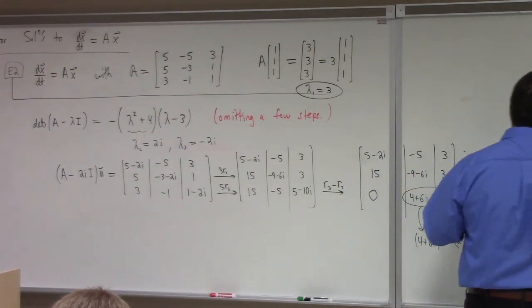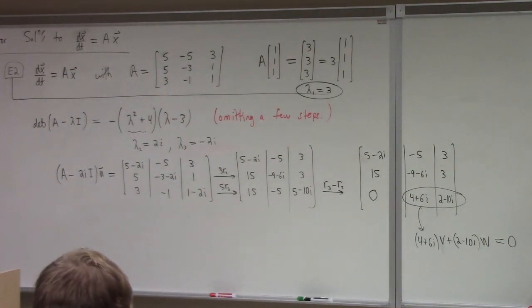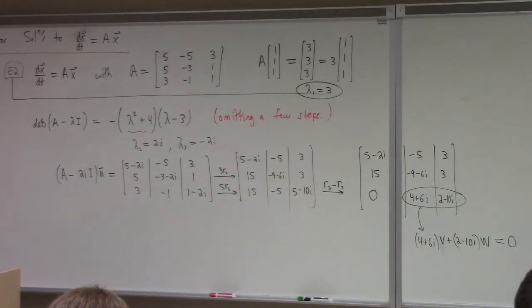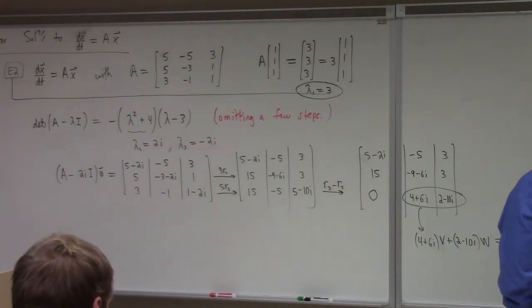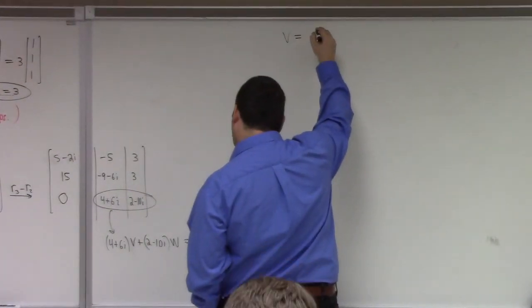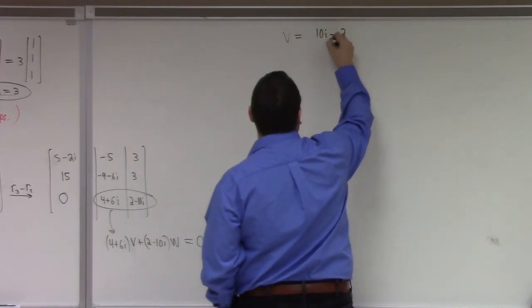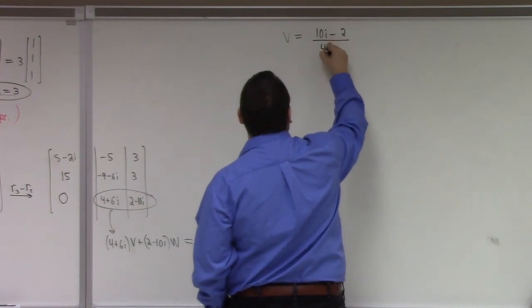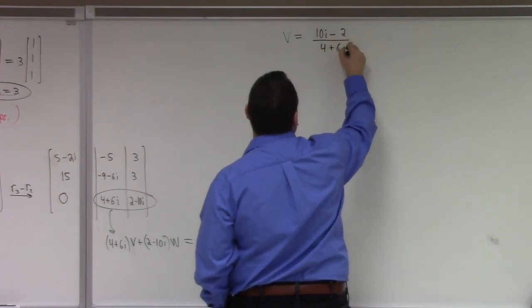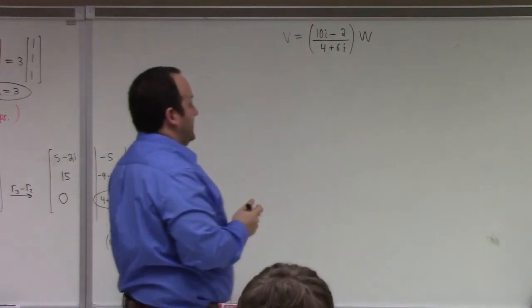By setting w equal to a constant, it's going to force me to put u and v equal to something, and then I'll have my complex eigenvector, I think. So we try that out here. I have v is equal to 10i minus 2 divided by 4 plus 6i times w. So if we want to avoid arithmetic, what do we set w equal to?